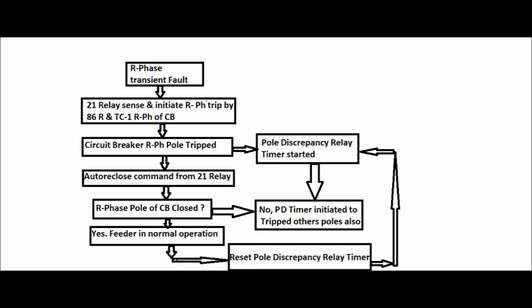Therefore, the pole discrepancy timer initiates to trip all the three poles after the predefined time, as set at 1.2 to 2 seconds. If the R phase pole is closed, then the feeder is in normal condition, and the timer of the pole discrepancy relay automatically resets.